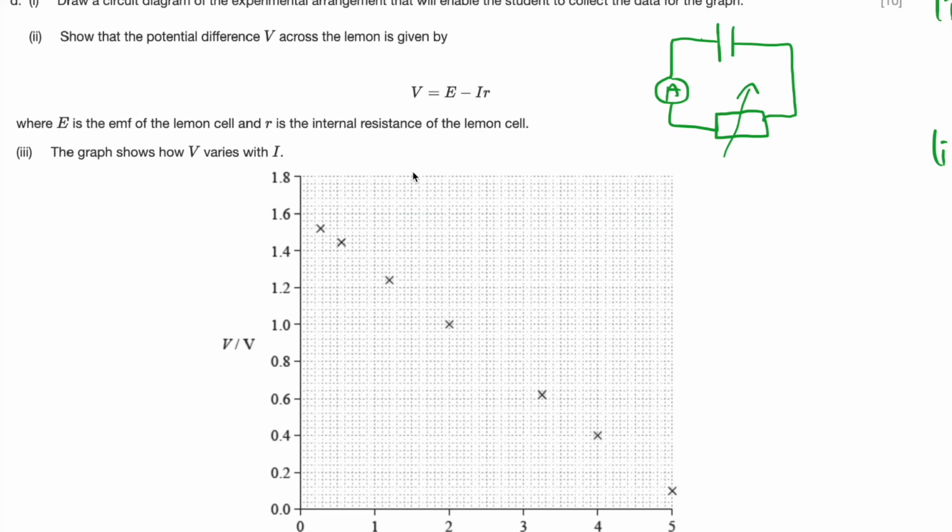R is the internal resistance, so V will be what? The potential difference across the lemon. So this will be the voltmeter.